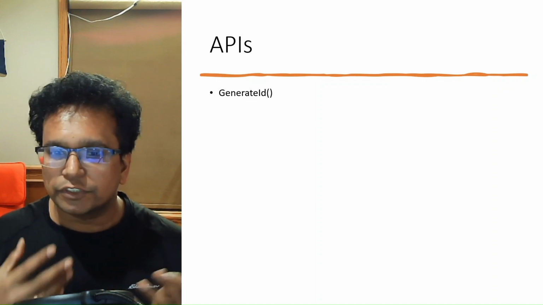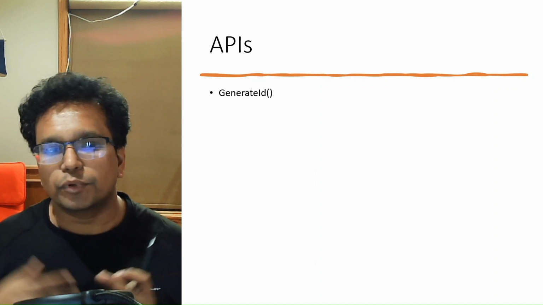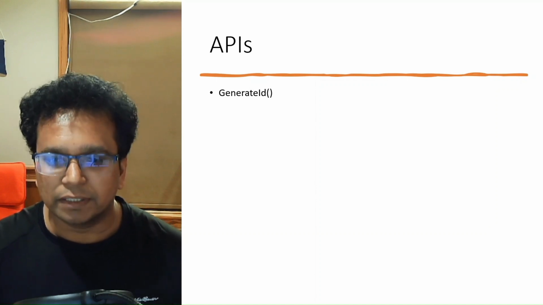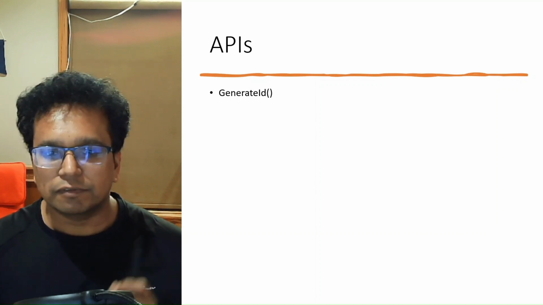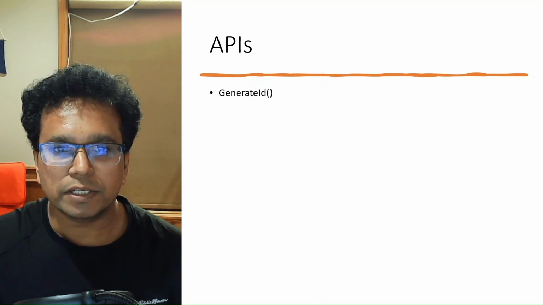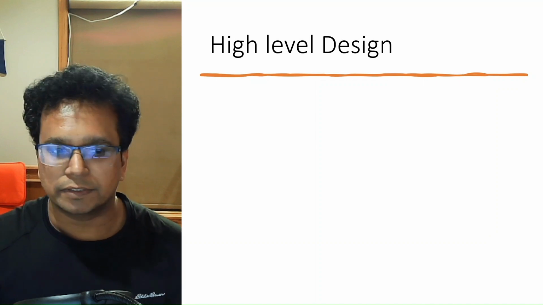This is a question that we should be discussing with the interviewer and then proceed accordingly. For this session, however, we will only implement the generate ID function, which will return only one ID for every call.